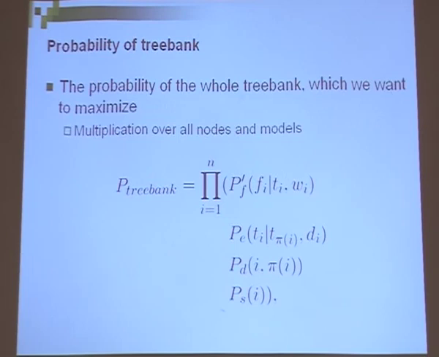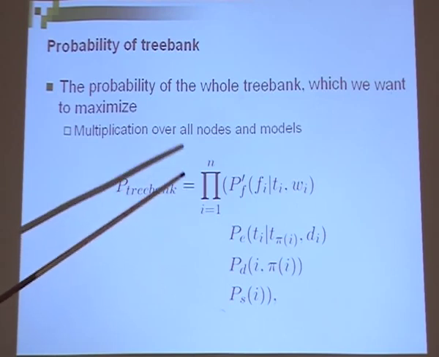And for the Gibbs sampling and for the inference of grammar, we want to compute the probability of the whole treebank. The probability of the whole treebank is that we simply multiply over all nodes in the treebank.